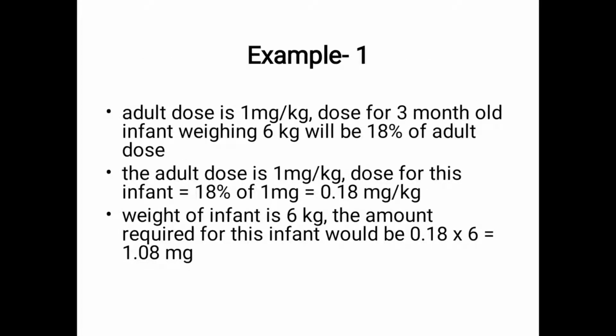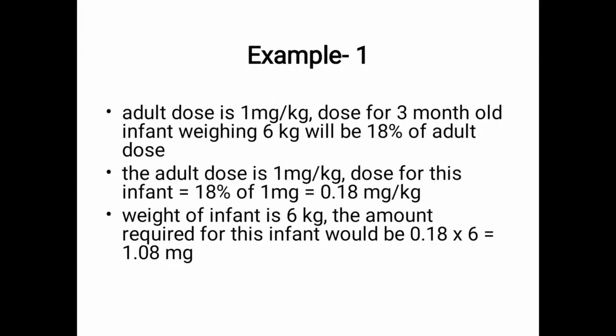First example: the adult dose is 1 mg per kg.